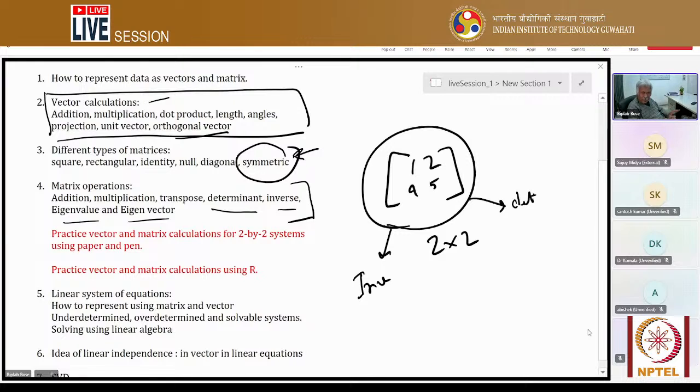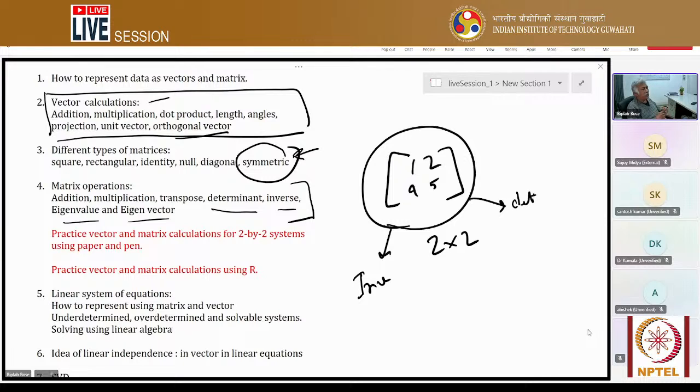Eigenvalue, eigenvector, you don't need, right? But you can use R. There are online tools also to calculate. So what I'm saying is that please do not get bothered about details of complicated calculation. Create a small, simple 2 by 2 matrix and try to do addition, multiplication, transpose, determinant, inverse. These are doable, very easily doable.